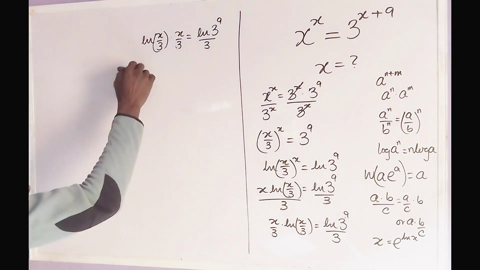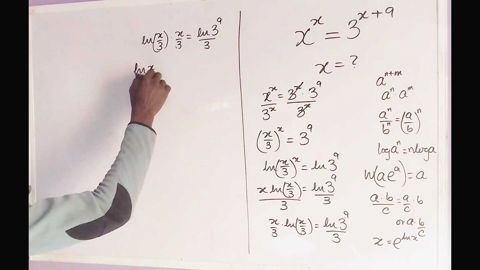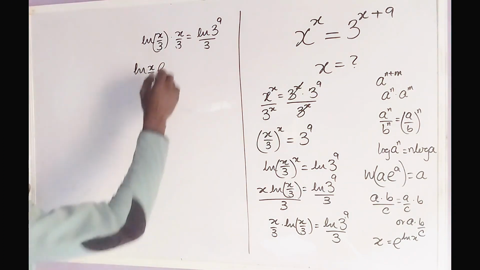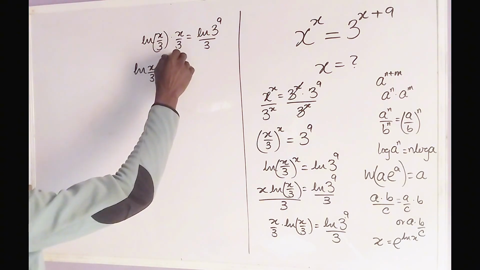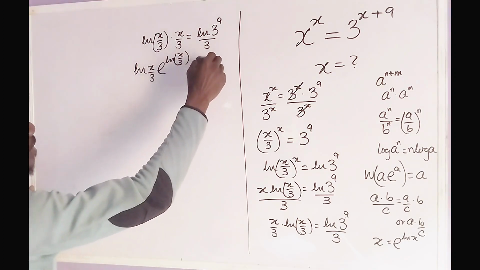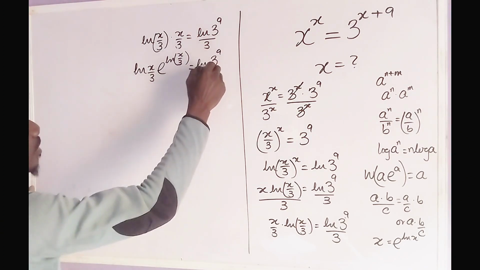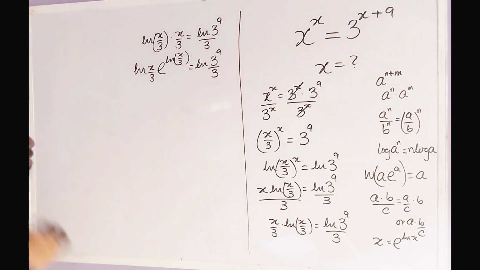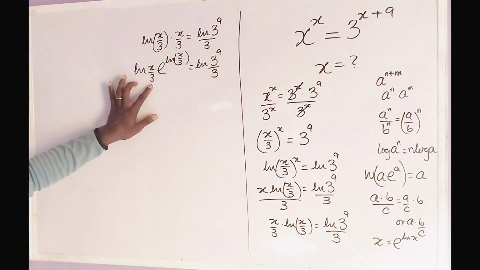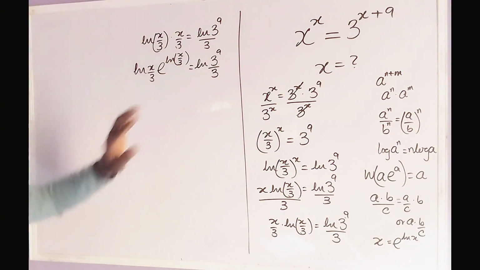So here we have ln x all over 3, then we have e to the ln x all over 3, then equals ln 3 raised to the power of 9 all over 3. Okay, all right, now you can see that this expression here is the same thing as the exponent.